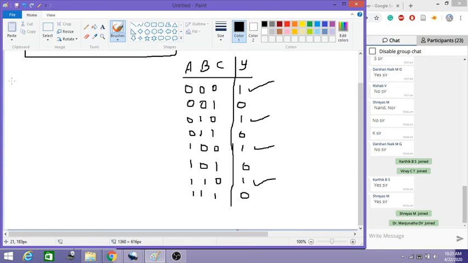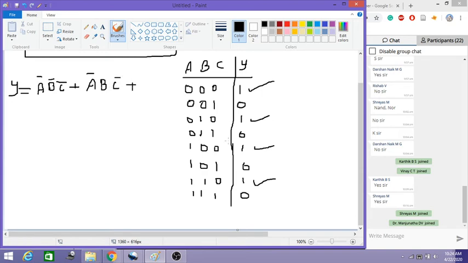Now take all this to write the expressions. So then my Y expression will be A bar into B bar into C bar plus A bar B C bar. You see this 0 should be represented as A bar, B is 1, so it is written straight away as B, and C is 0, so we will write in terms of complement, it is C bar.